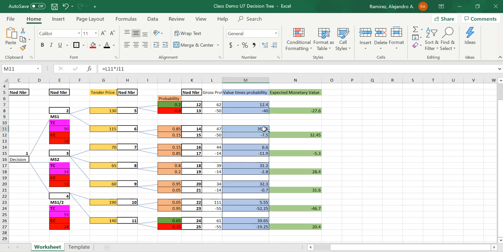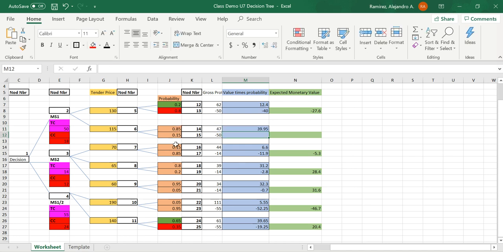So in this case, like I said, let me do it from scratch so you can understand that. One more time, I take this value, which is the gross profit or the net loss, multiplied times the percentage.